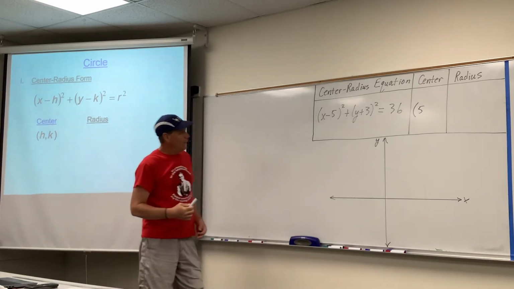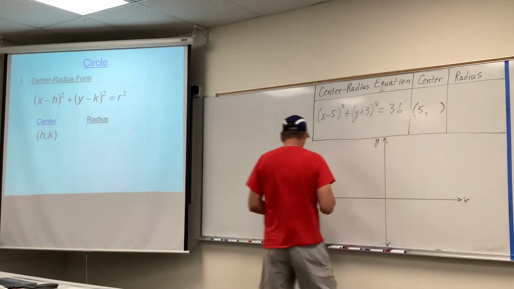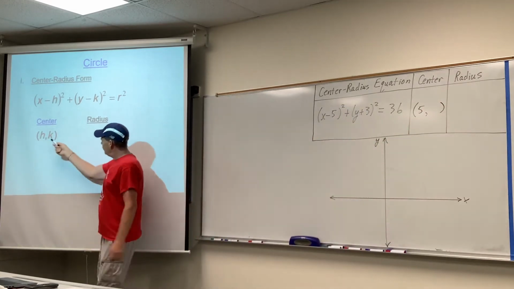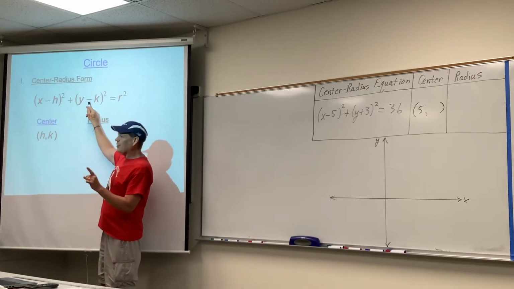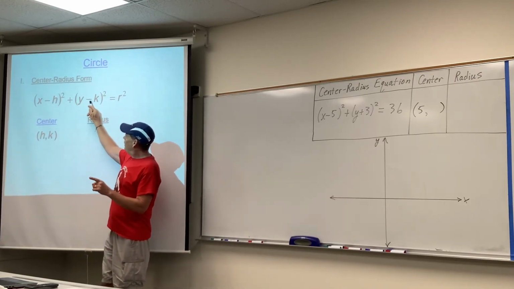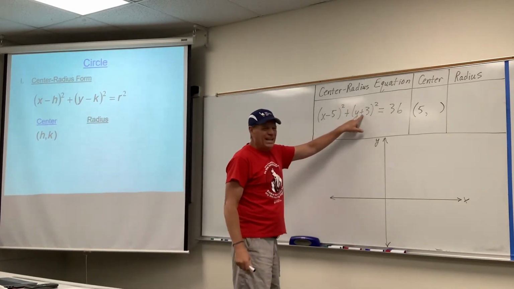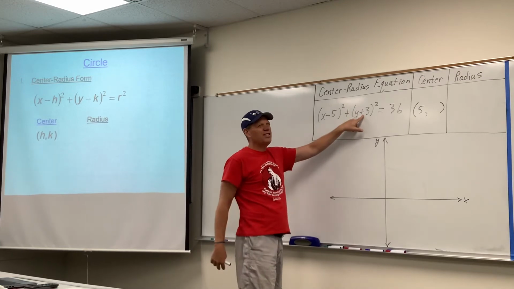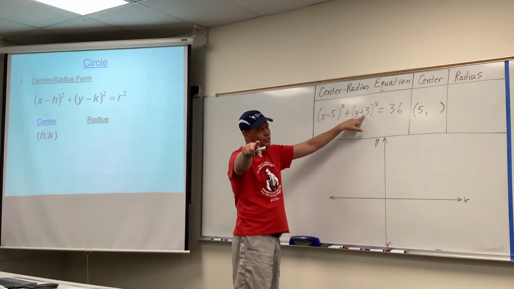The y-coordinate, this is a little tricky on this one. The y-coordinate of your center is the number being subtracted from y. That's a little tricky here because the format requires minus, whereas that says plus. So you got to do a little mental gymnastics here and say to yourself, and I've got another way to do this if this gets confusing to you.